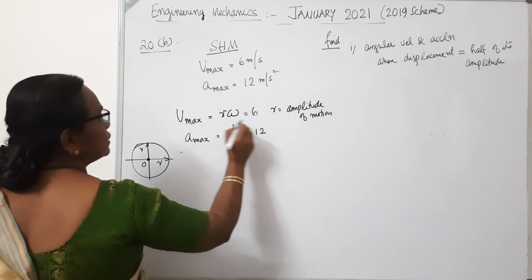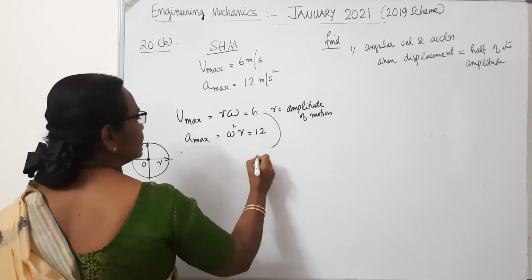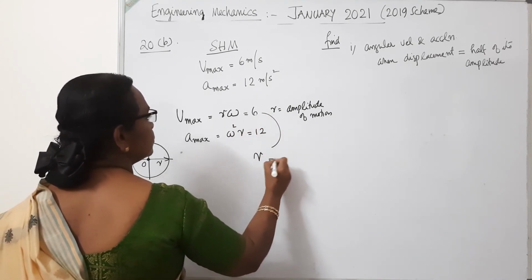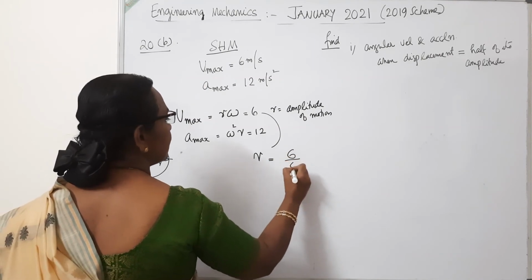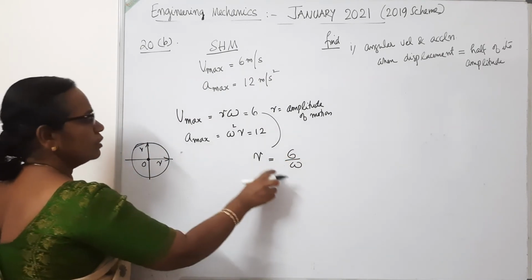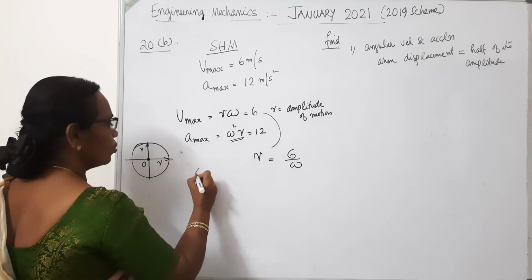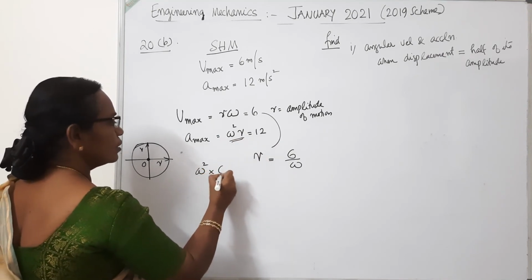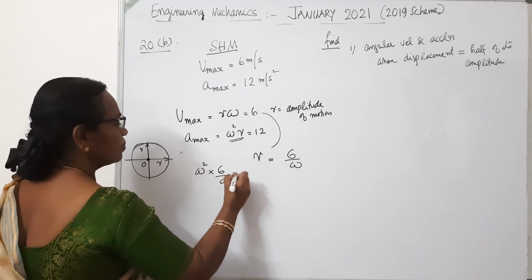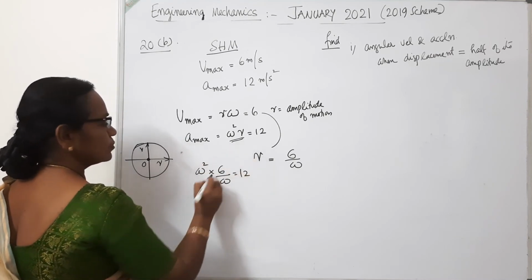Therefore r is equal to 6 by omega. Now substitute this r in this equation. Substitute here omega square into 6 by omega is equal to 12.